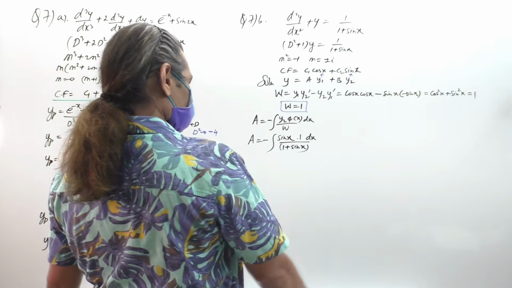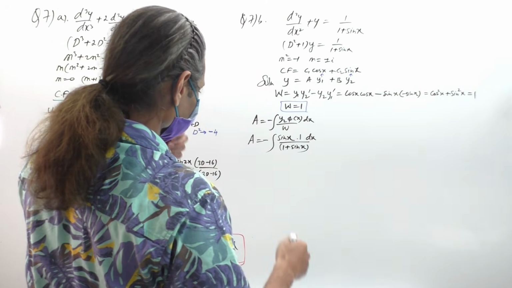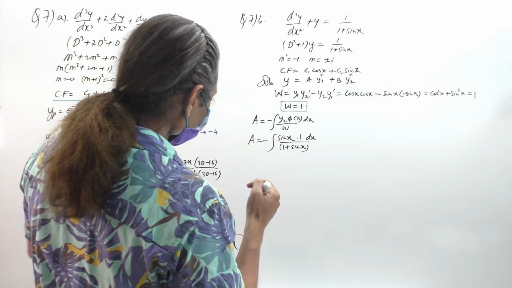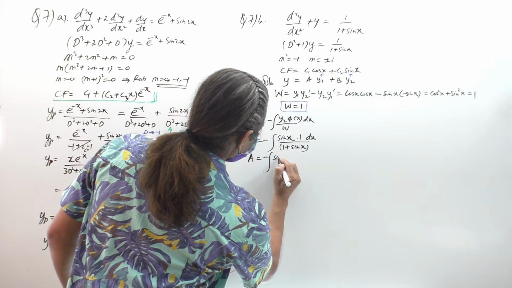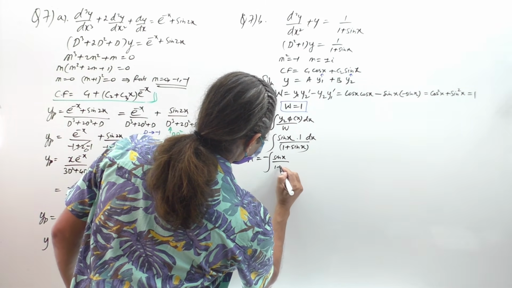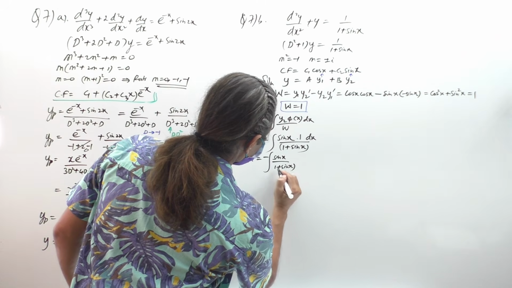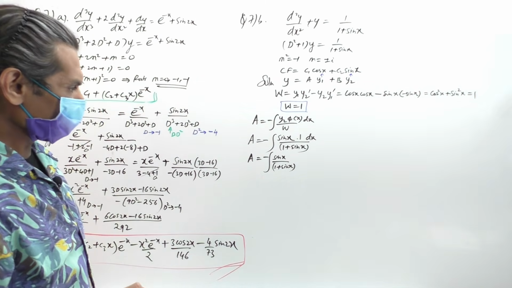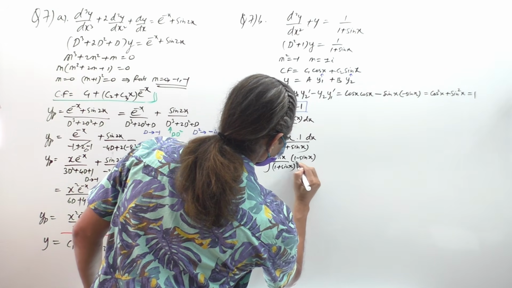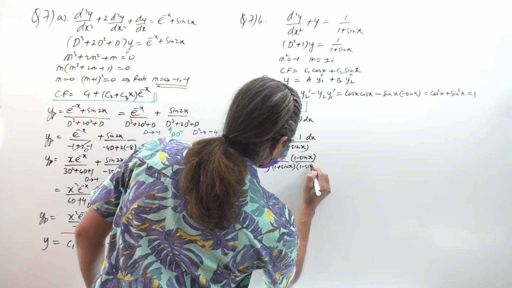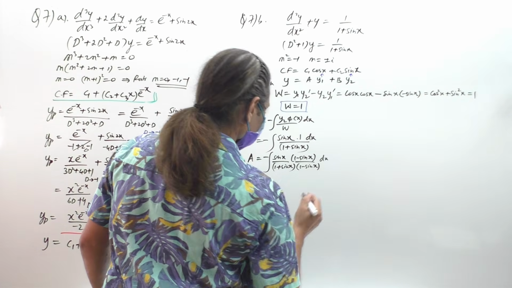So we need to integrate this. So how shall we integrate this? To integrate this, I simply rationalize it. Minus sin x upon 1 plus sin x. Because I cannot substitute, so rationalize. So it is 1 minus sin x divided by 1 minus sin x dx.